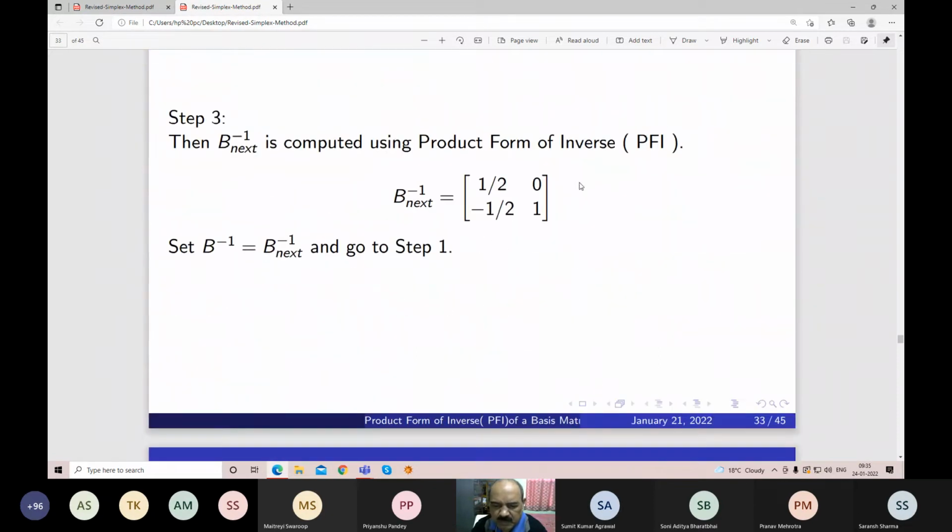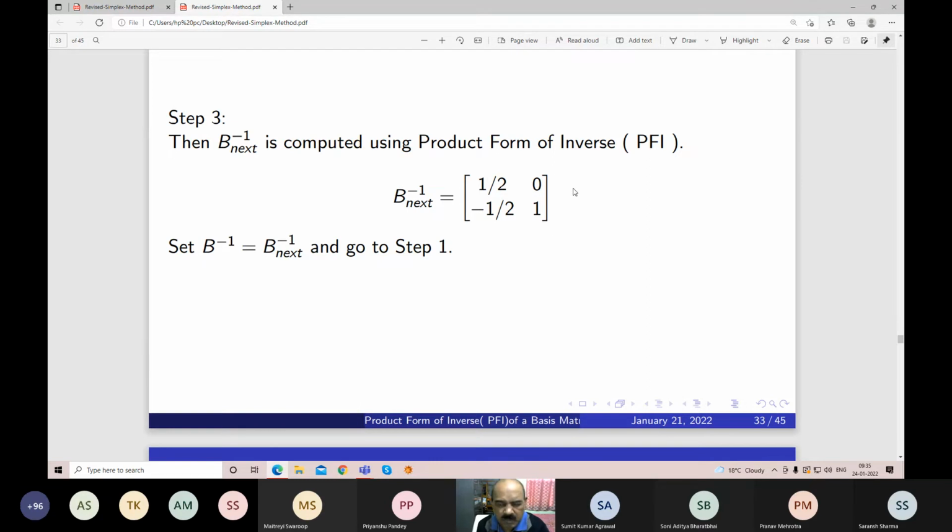Multiply 1, 2. If you multiply 1, 2 on the right hand side with B inverse, the first column becomes half, and the second, 2 minus half, that is 3 by 2.